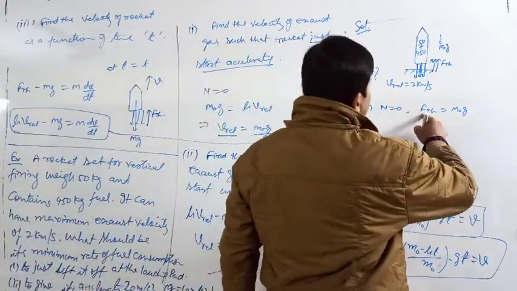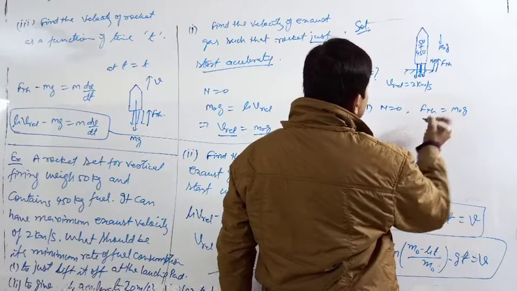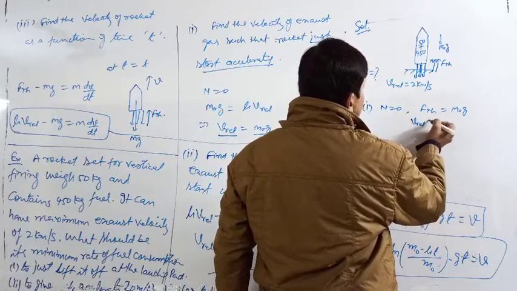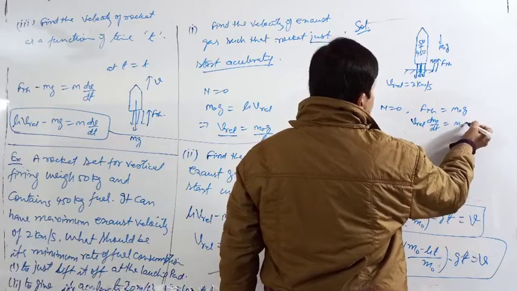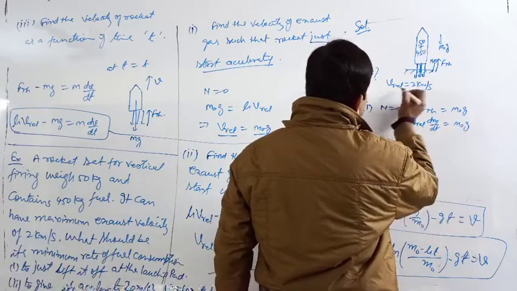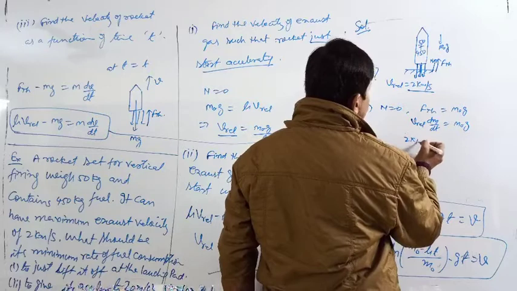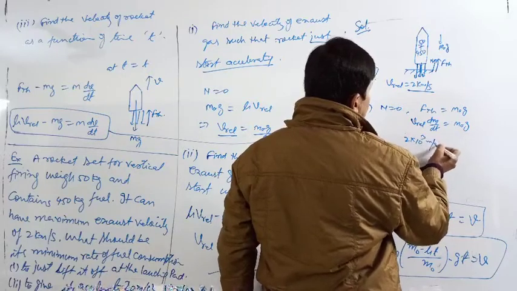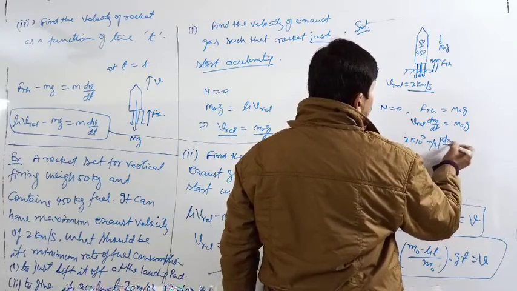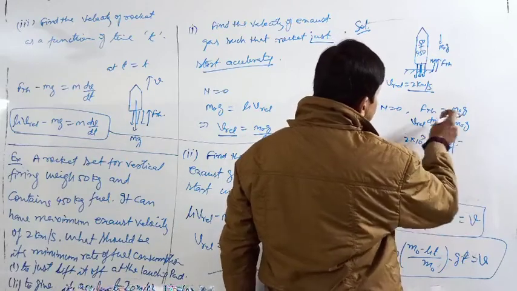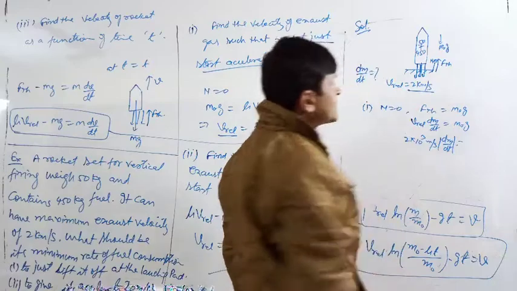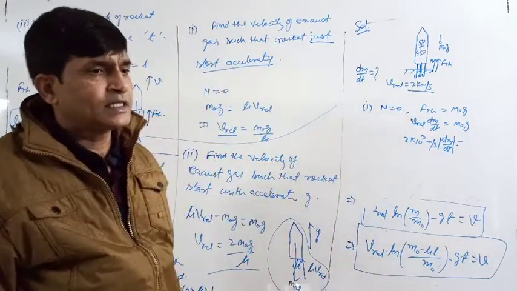So this thrust force, V relative dm by dt, equals m0 g. V relative is already given as 2 kilometers per second, convert into meters. You have to calculate the magnitude of dm by dt, because as per the mass decreasing you have considered the sign in the upward direction.